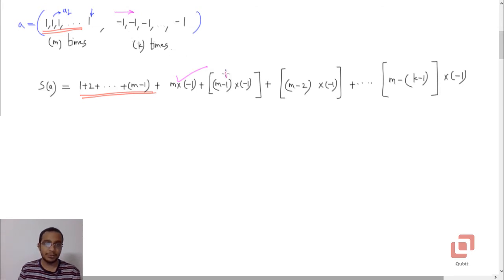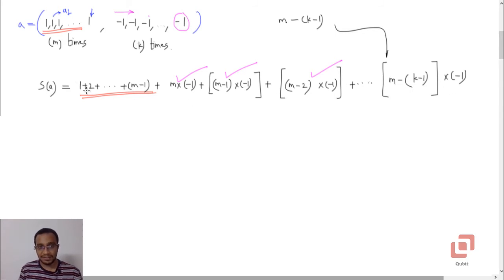So m minus 1 into minus 1. If you go to this, it will be m minus 2 into minus 1, and eventually by the time you reach this, you will be required to consider m ones and k minus 1 minus 1s, because there are a total of k negative ones, out of which we are ignoring 1. So that will come here, and don't forget to multiply it by minus 1.